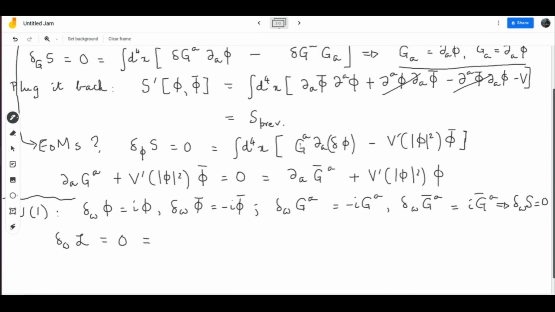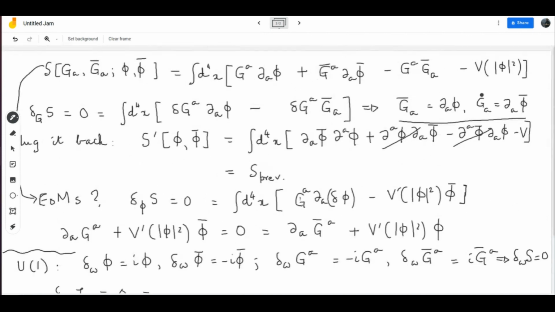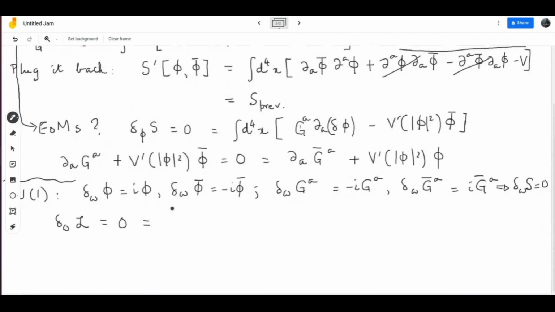The Lagrange density corresponding to this action, whatever is inside, right? So we are going to use that, but we're going to do things carefully. So what we will get is delta GA, so delta omega GA del A phi. I'll write the whole thing explicitly so that you don't have any difficulties.